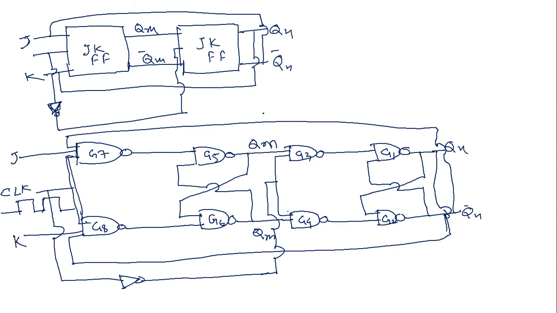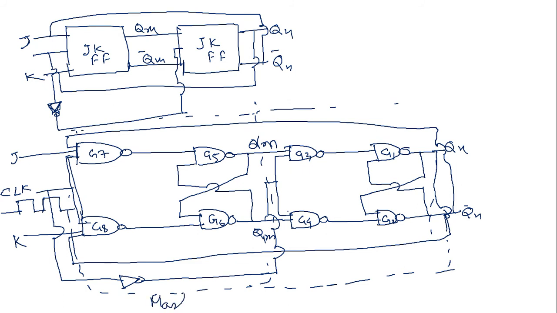Clock equals 1 means here two flip flops are there. This one is one flip flop, this one is another flip flop. This flip flop is called master. This flip flop is slave.